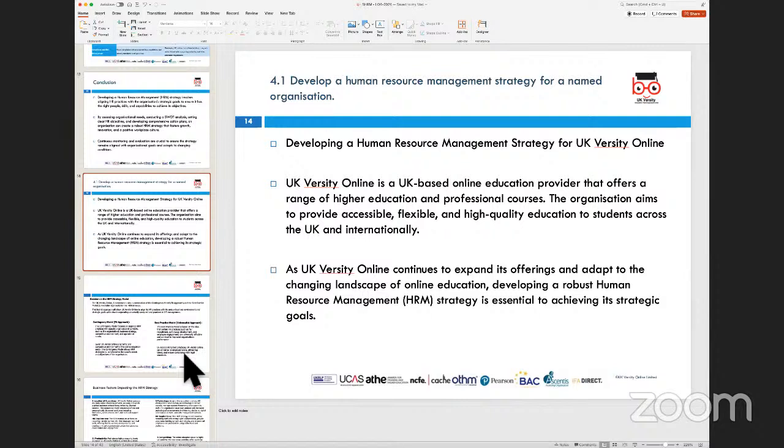Now, as you know, we are an online college and an online education provider. We are providing a range of higher educational and professional courses, and the key USP of the organization is that we are able to provide courses which are flexible and Ofqual approved, and they allow learners to complete their education and go on to achieve even degrees at universities after completing courses with us.